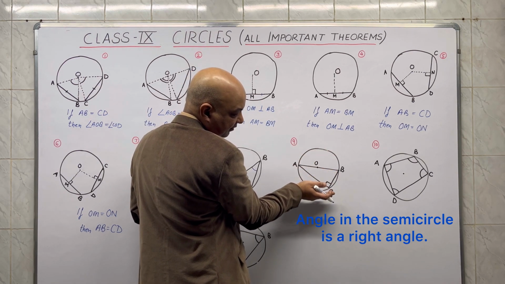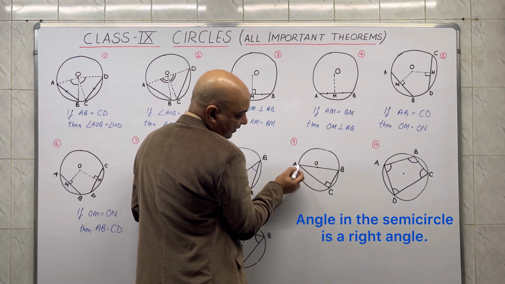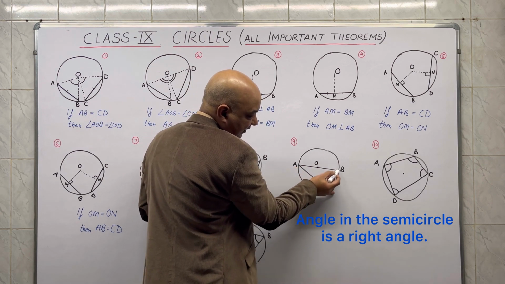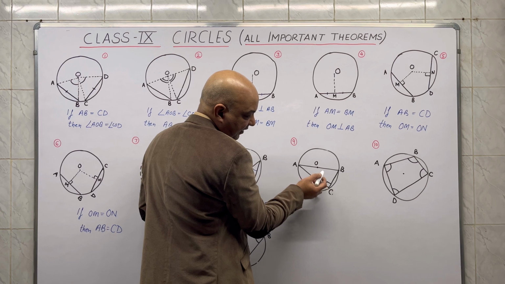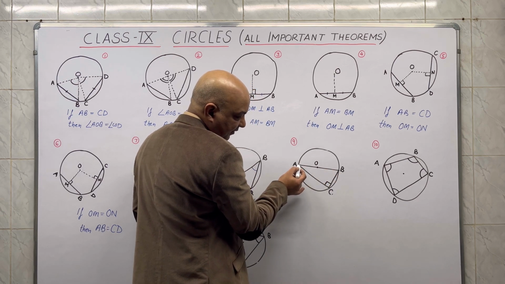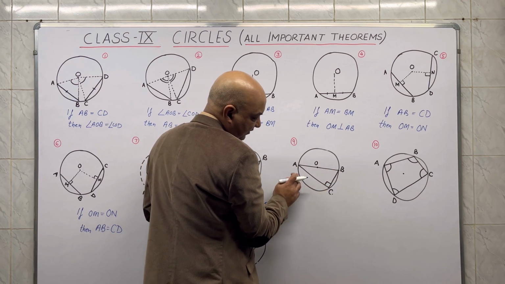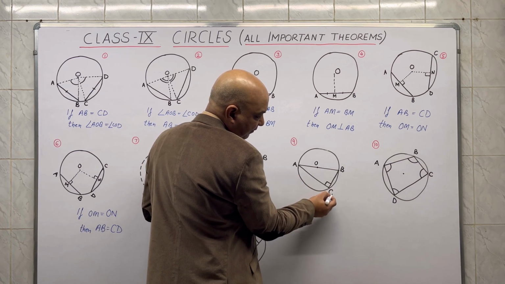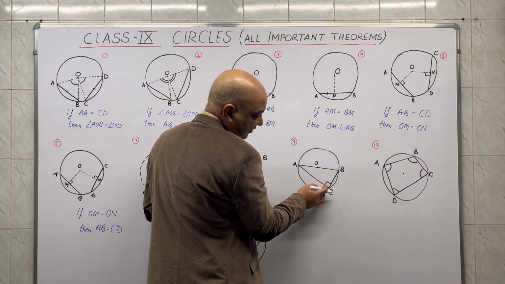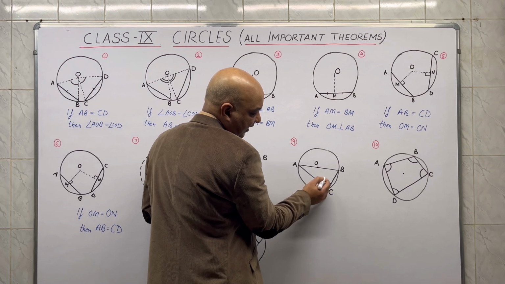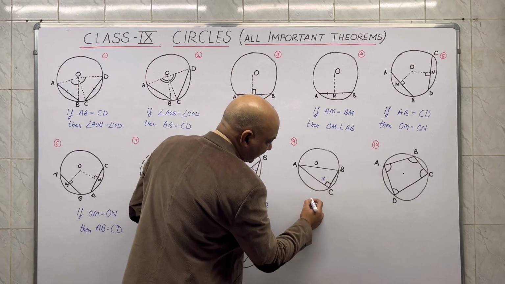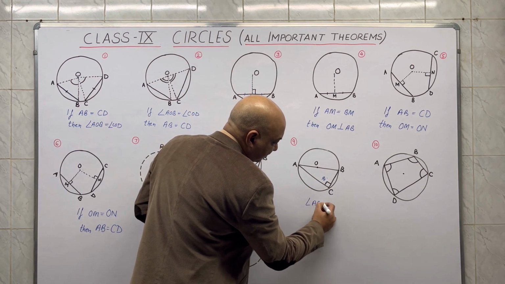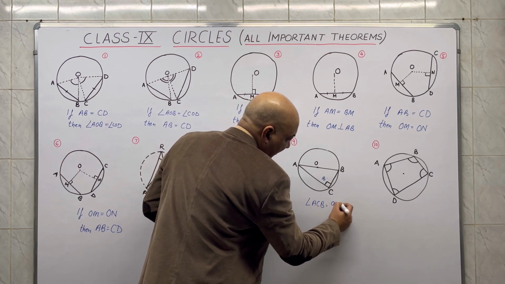If we see the lower semicircle, then this angle is the angle made in the semicircle. This theorem says that the angle made in the semicircle is always a right angle. So angle ACB is equal to 90 degrees.